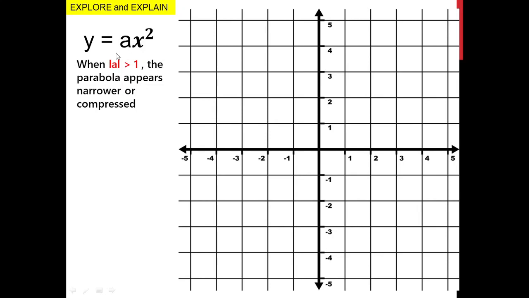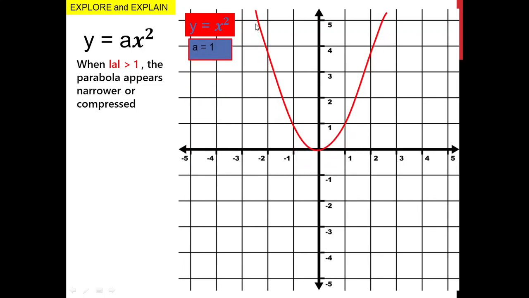Now let's try to see the effect when we change the value of a here. So when the absolute value of a is greater than 1, the parabola appears narrow or compressed. Let's have an illustration here. Again, let's use the parent equation, y is equal to x squared, where a is equal to 1.